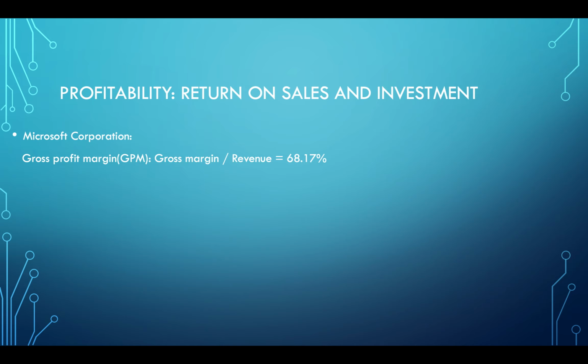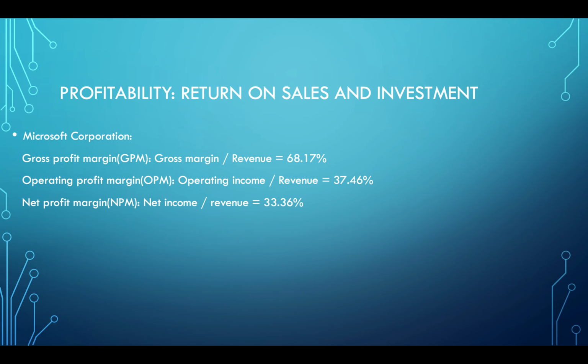The first one is gross profit margin, with gross margin divided by net revenue. The second one is operating profit margin, which can be obtained from operating income divided by revenue. The third one is net profit margin, with net income divided by the revenue.